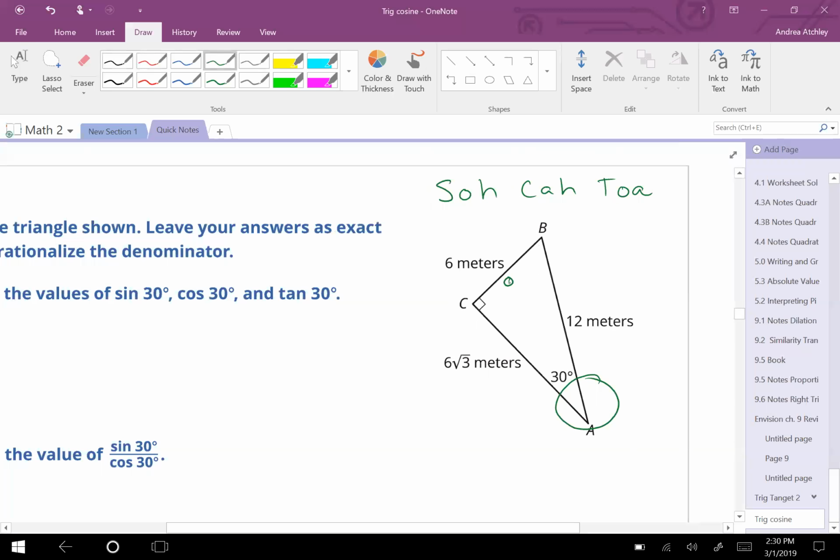Very good. Valerie, what is my adjacent side then? 6 square root 3. Okay, the 12 is then the hypotenuse.